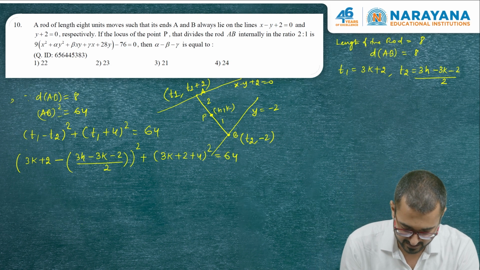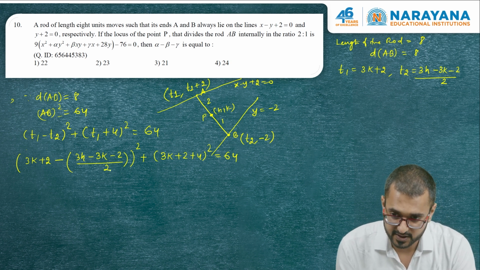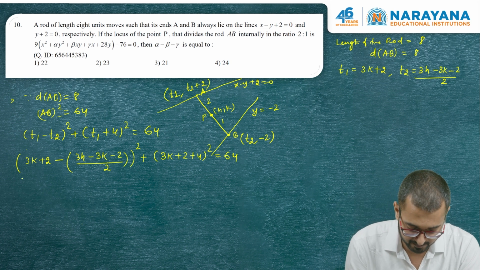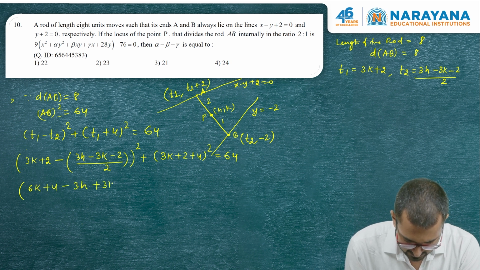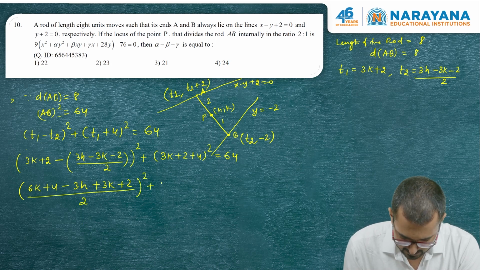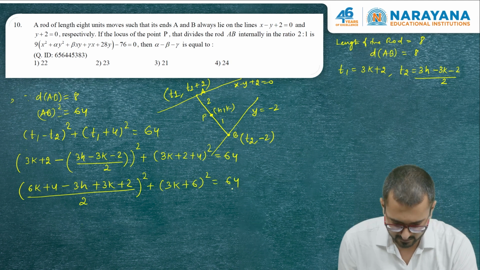So let's simplify it. First I'll get rid of this 2, because this 2 is not required. So we'll transfer 2 somewhere else. This is 4, so let's multiply 4 everywhere. We'll take 2 inside here only, which gives me 6k plus 4 minus 3h plus 3k plus 2, and then by 2 the whole square plus 3k plus 6 the whole square is equal to 64.